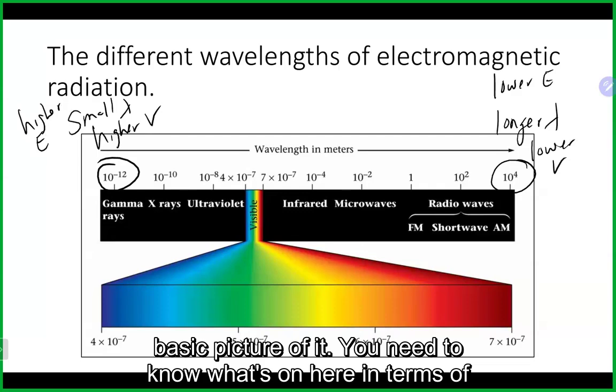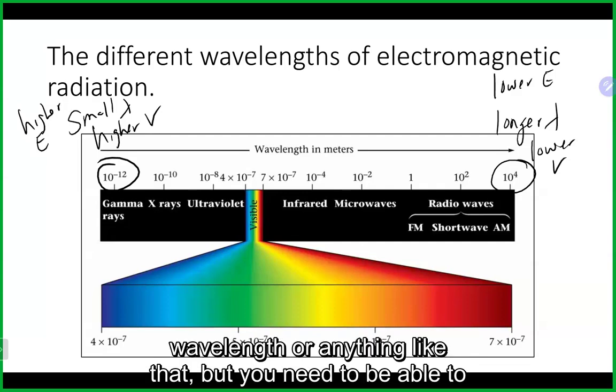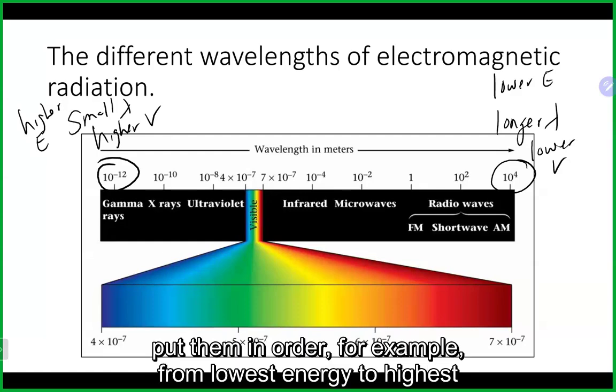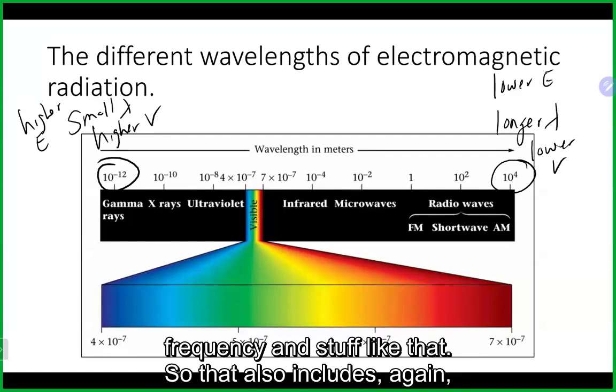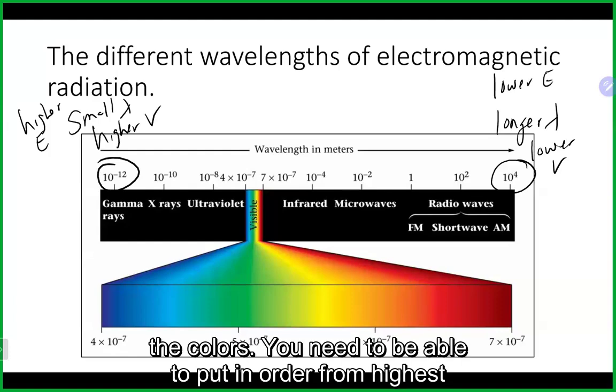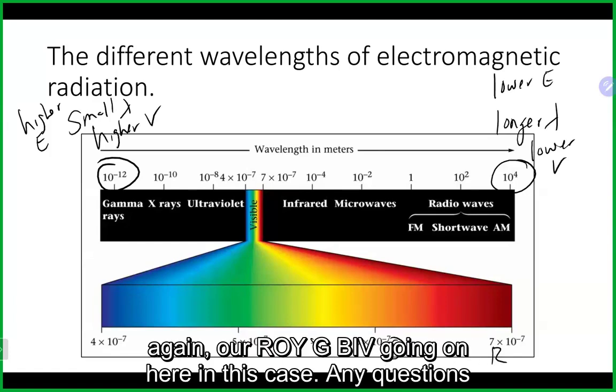You need to know what's on here, not exactly where everybody breaks off in terms of wavelength or anything like that, but you need to be able to put them in order, for example, from lowest energy to highest energy, longest wavelength to shortest wavelength, frequency, and so on. That also includes the colors. You need to be able to put them in order from highest energy to lowest energy, wavelength, all that kind of stuff. So again, our Roy G Biv going on here.